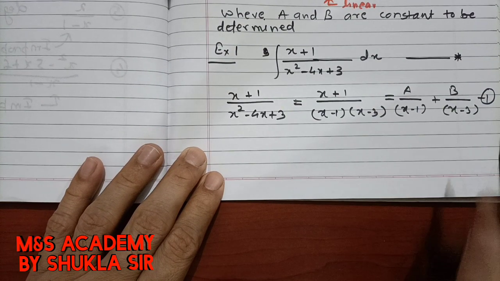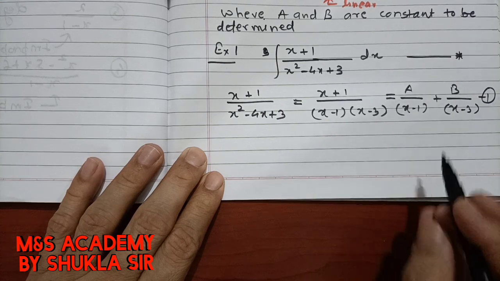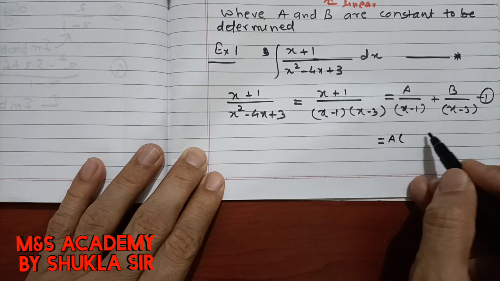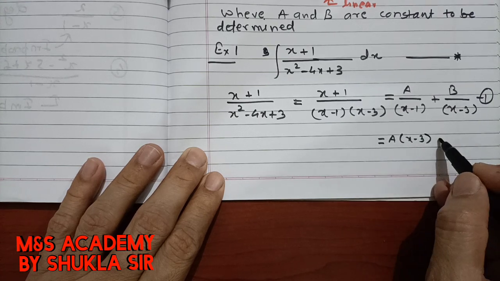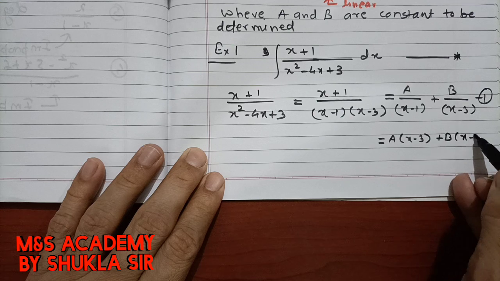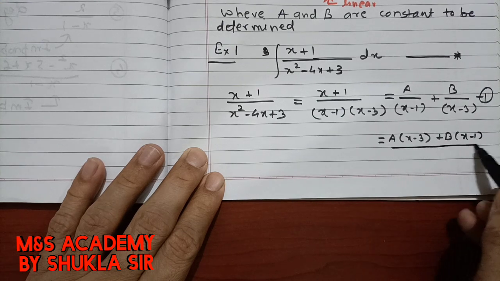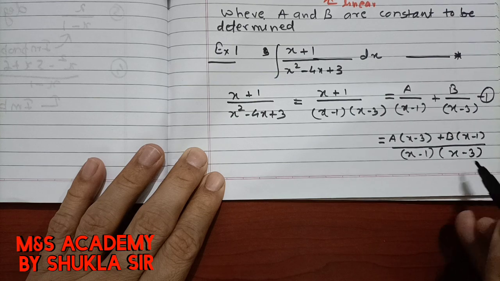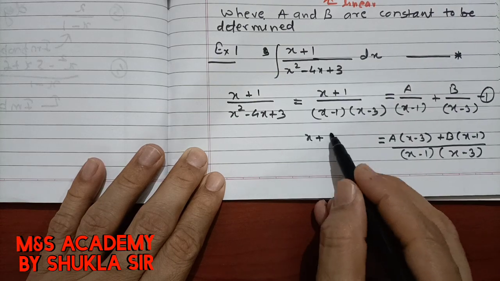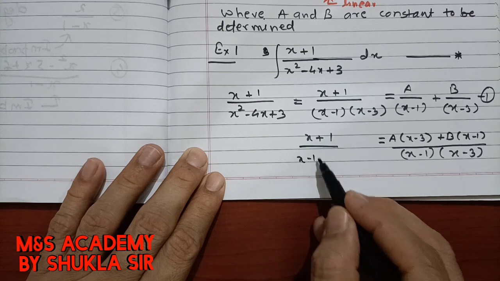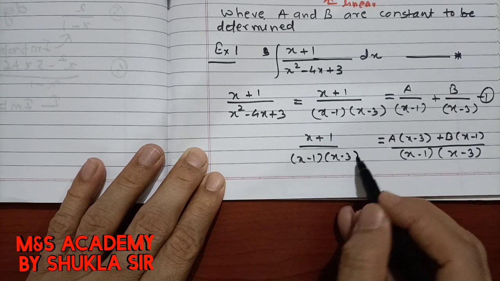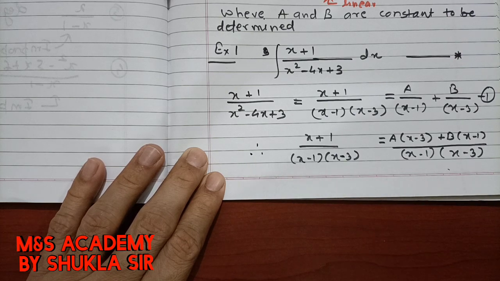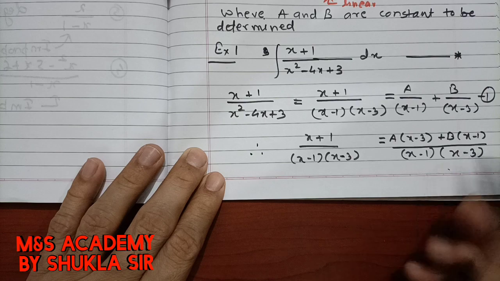Now try to find out the LCM of this. So obviously the LCM of this is a times (x minus 3) plus b times (x minus 1), divided by (x minus 1)(x minus 3), which is equal to (x plus 1) divided by (x minus 1)(x minus 3). You can see the denominators are the same, so we can cancel out the denominator.